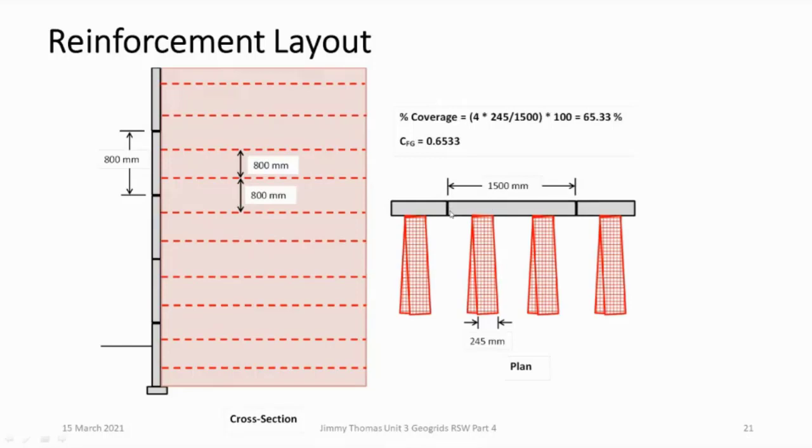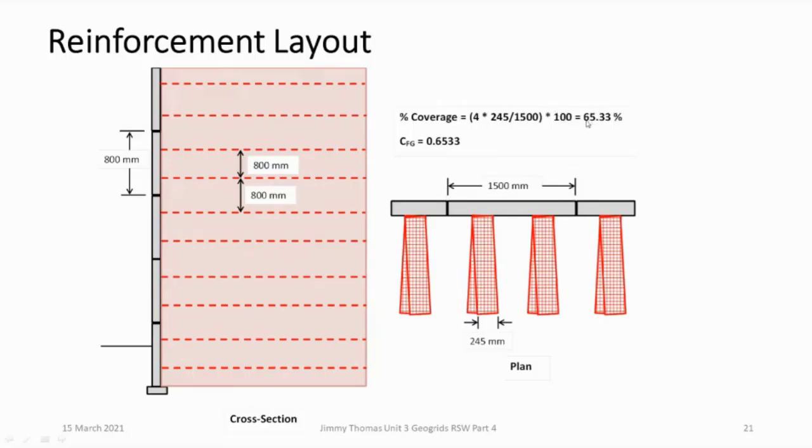This is one panel. Assume we have panels of width 1.5 meter. In that there are 2 strips, but in each strip there are 2 layers, so there are 4. So 4 into width, 245 mm, divided by this, into 100. That is the percentage coverage.